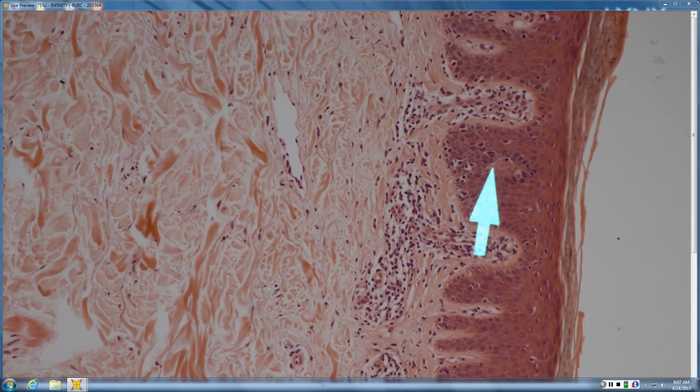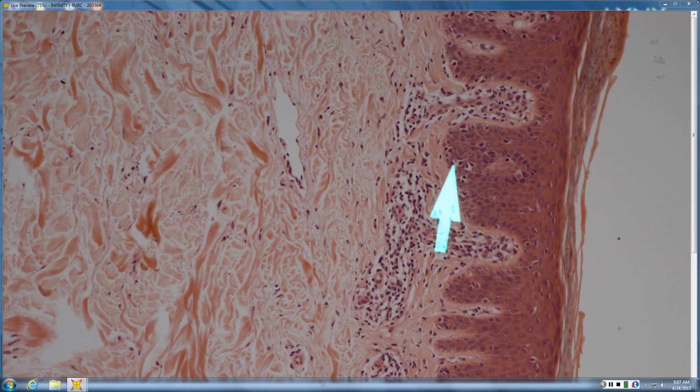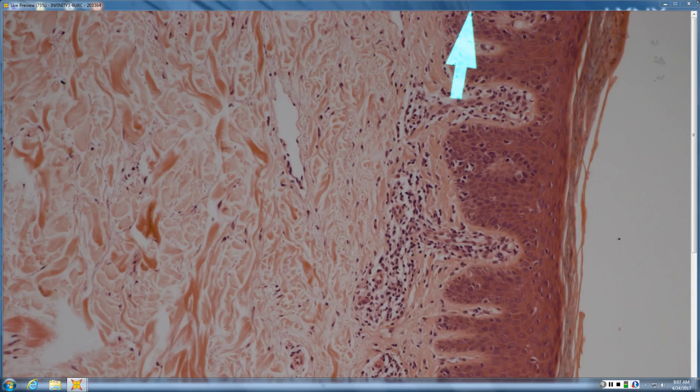And if you compare the lymphocytes in the epidermis to the lymphocytes below, the lymphocytes in the epidermis are large, hyperchromatic, and angulated, compared to the lymphs down below in the dermis, most of which are benign.